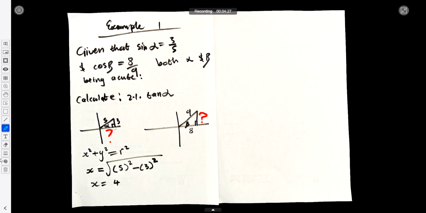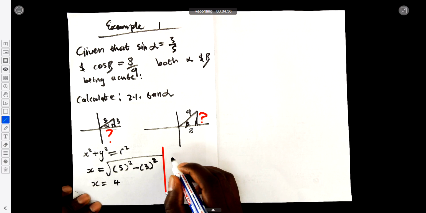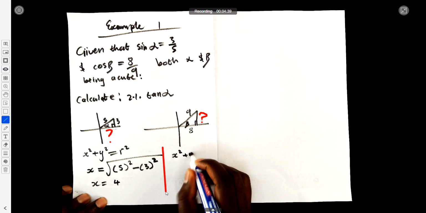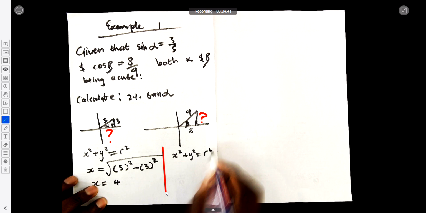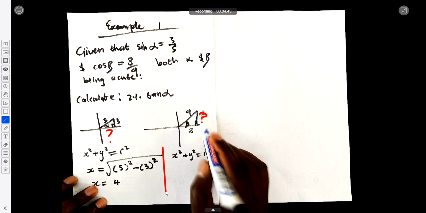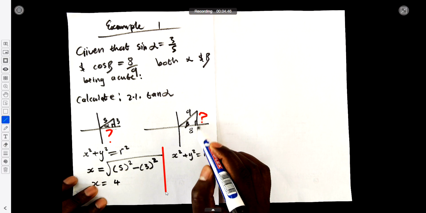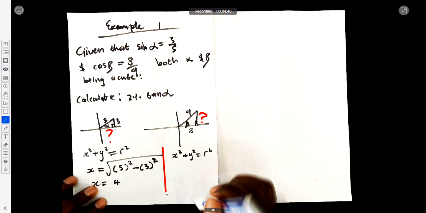So let's calculate the other side, still using the same theorem. The missing side here is the opposite of beta, so it is the y side.